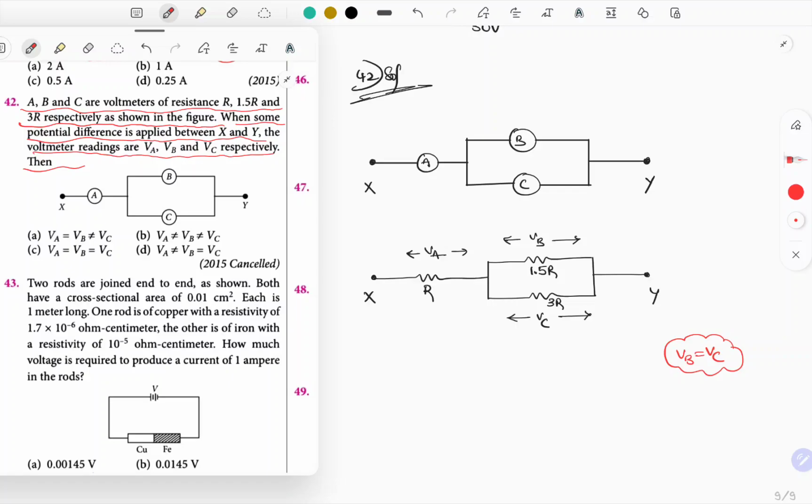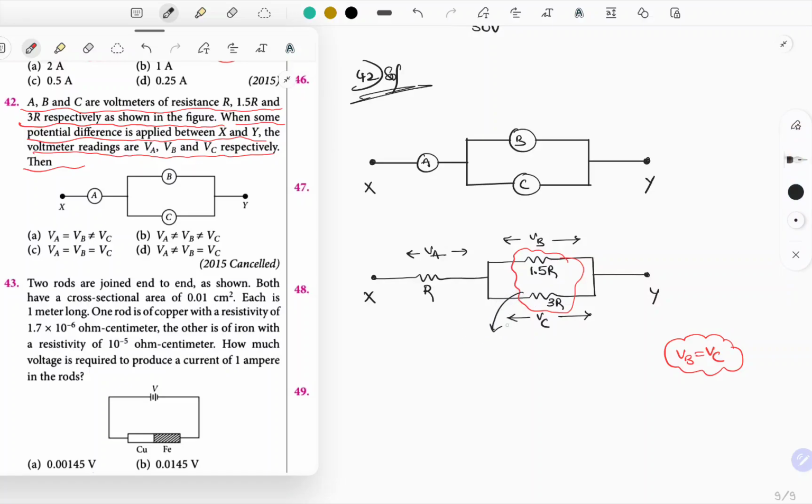Before comparing, let me find out the equivalent resistance of voltmeter B and voltmeter C. Then we'll cross check whether it is going to be the same or a different value. So the equivalent resistance of B and C: these are two resistors, 1.5 R and 3 R, connected in parallel.